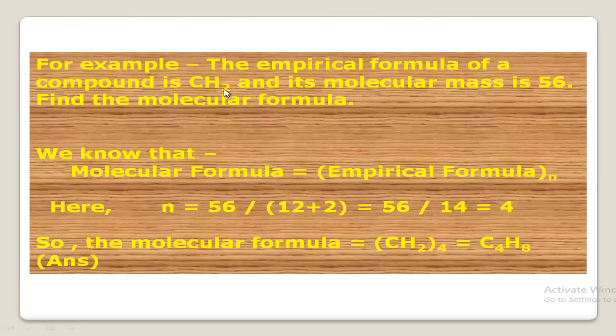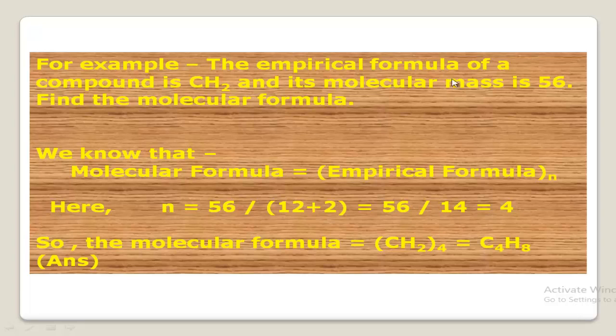Follow the example. The empirical formula of a compound is CH2 and its molecular mass is 56. Find the molecular formula. So we know that molecular formula equals empirical formula times N, and how can we determine N? Molecular mass of the compound, 56, divided by the mass of the empirical formula.